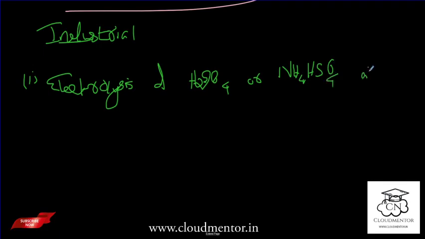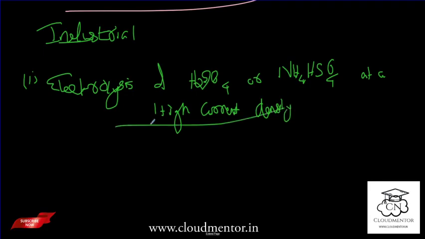At a high current density, the electrolysis of 50% sulfuric acid is done at 0 degrees Celsius using platinum electrodes, and here perdisulfuric acid is formed.